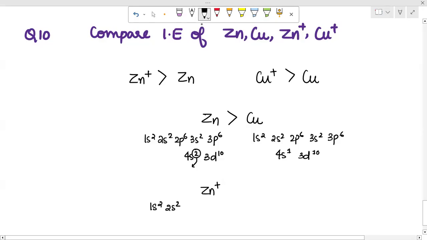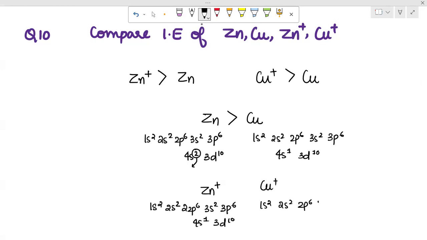So this becomes 1s2, 2s2, 2p6, 3s2, 3p6, 4s1, 3d10, while Cu plus becomes 1s2, 2s2, 2p6, 3s2, 3p6, 4s0, 3d10. Now this has become half filled and this has become fully filled because this is 0. So Cu plus is greater than Zn plus.